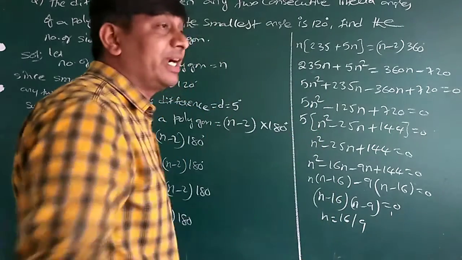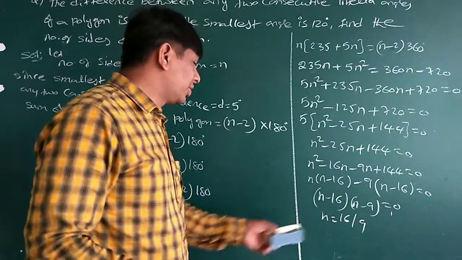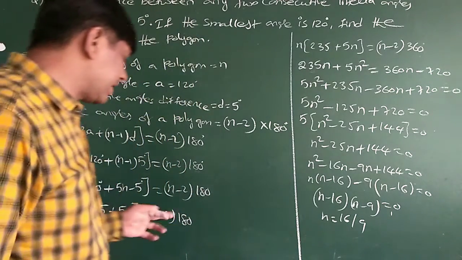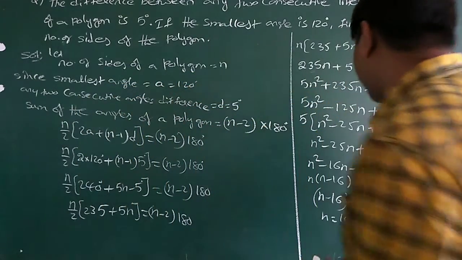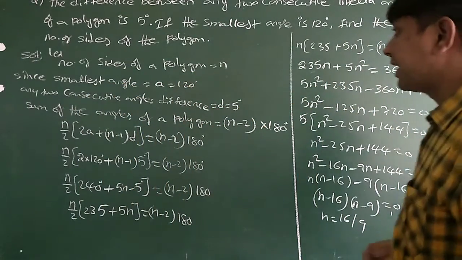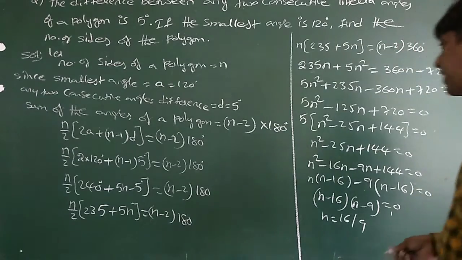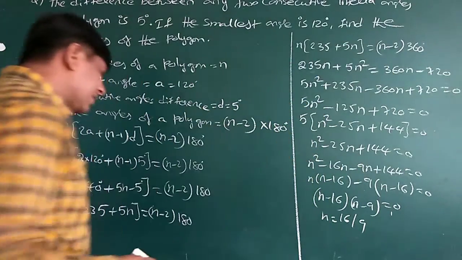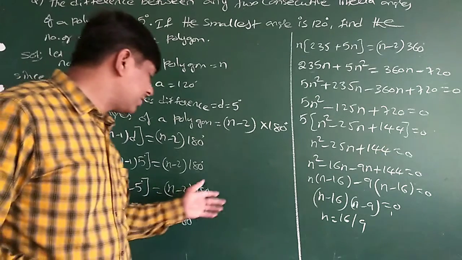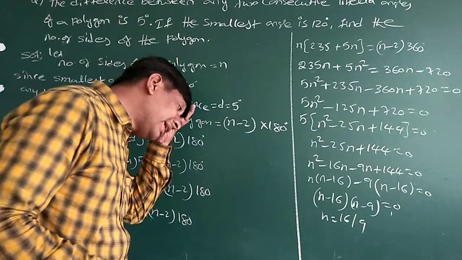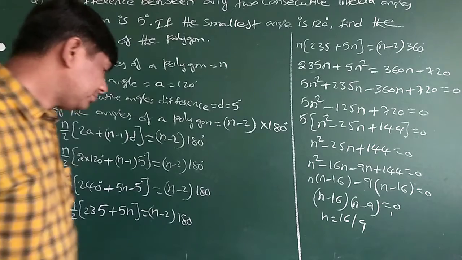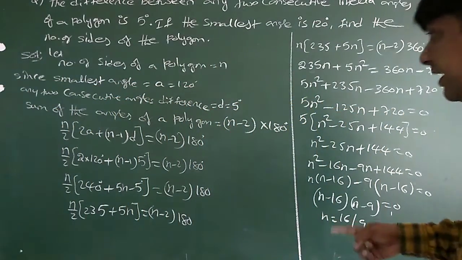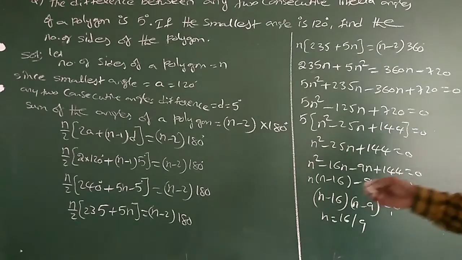But both at a time may not be possible, so you need to check the angle. What is the last angle here? The last angle will be a plus n minus 1 into d, in the nth term. But when n is equal to 16, what will we get here? Check that one.